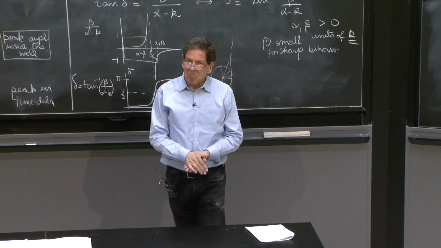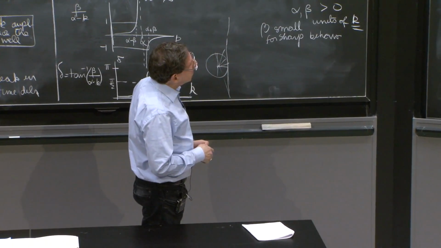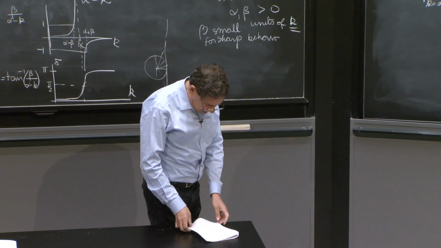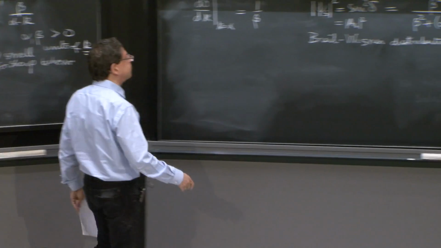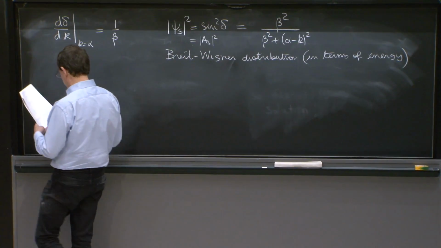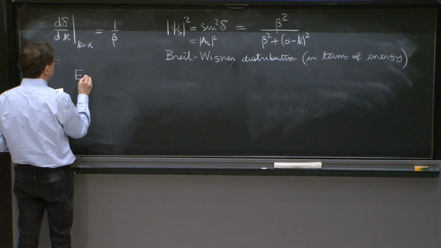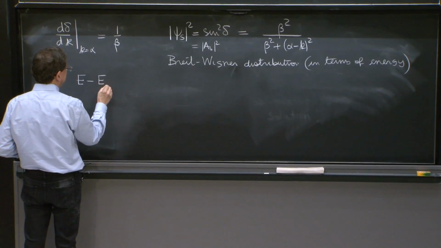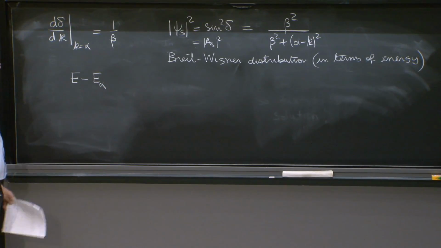So the way to do this calculation now is to say, well, what is alpha minus k? Let's try to relate it to the energy minus the energy at k equal alpha.